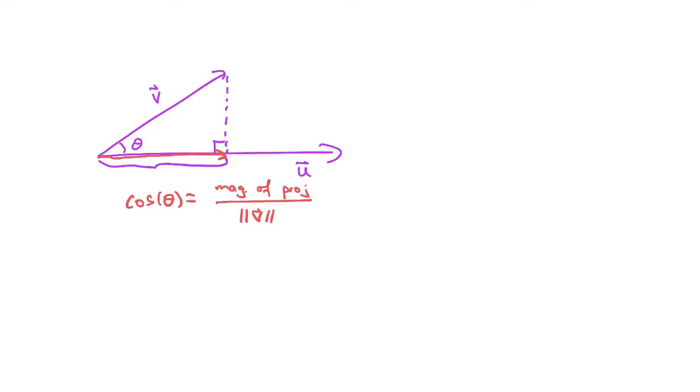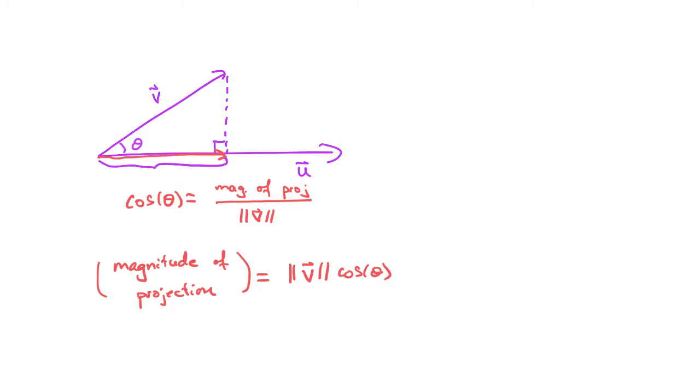If we rearrange this a little bit, the magnitude of the projection is equal to the length of v times the cosine of the angle between u and v.